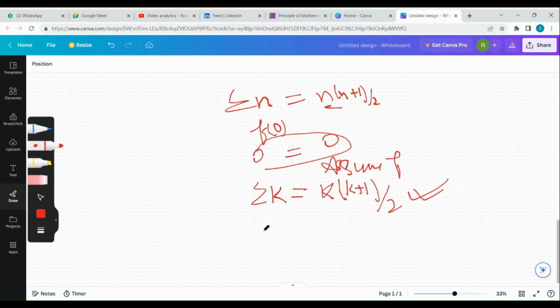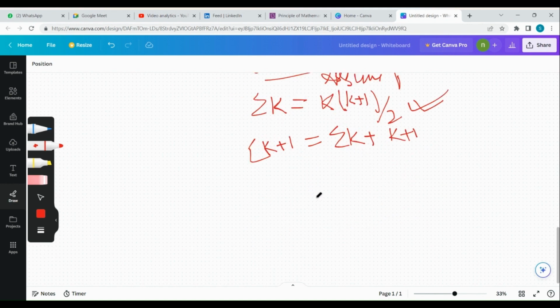So if somehow we can prove that f of k plus 1 is true, then we can say f of n also holds true, right? So the summation up to k plus 1 is equal to the summation up to k plus k plus 1, right? That is, the k plus 1th term and then the summation of the previous sum. So we can replace the summation of k with the induction hypothesis.